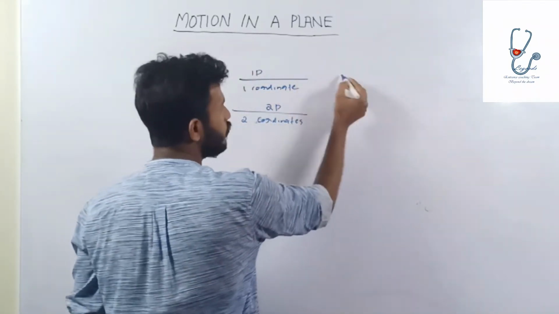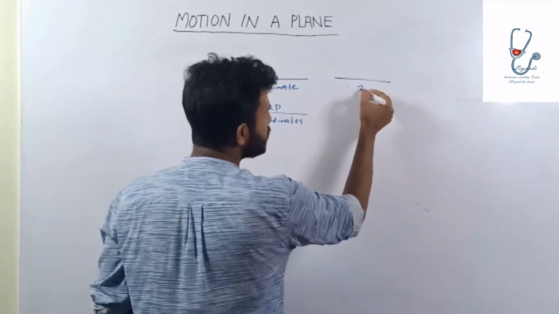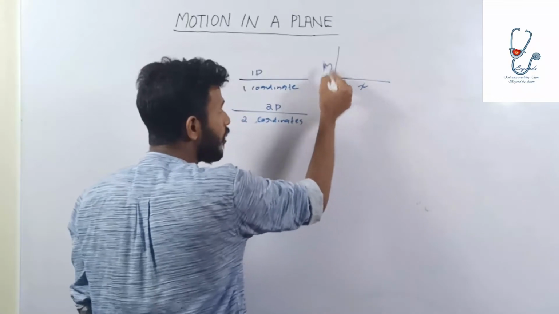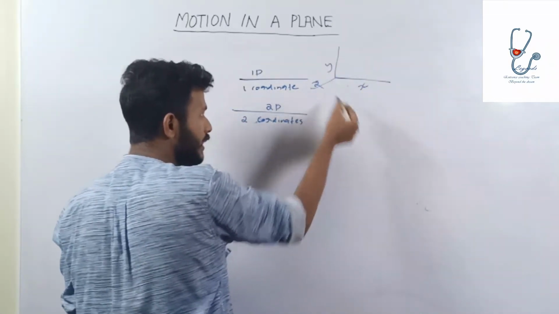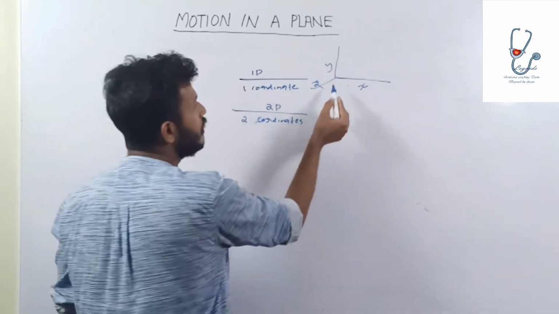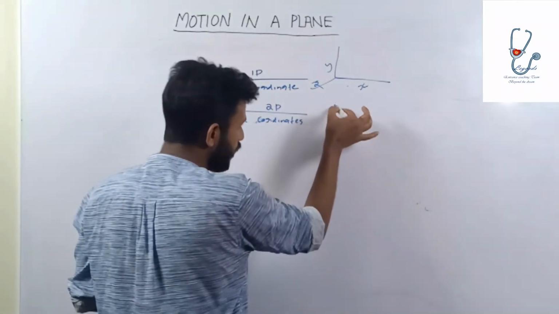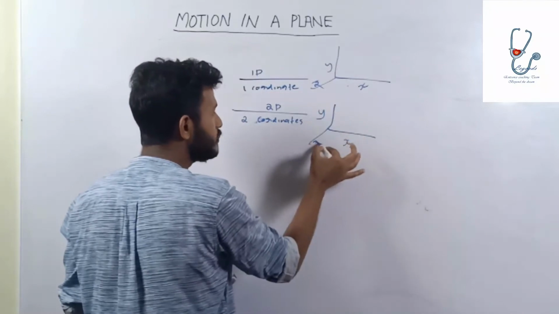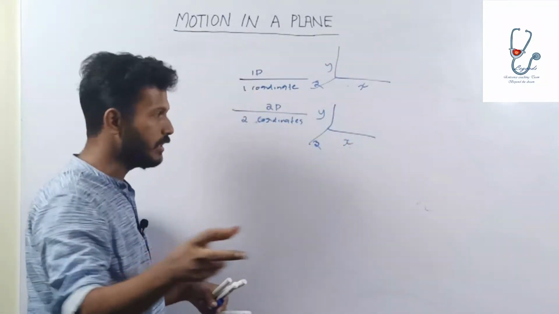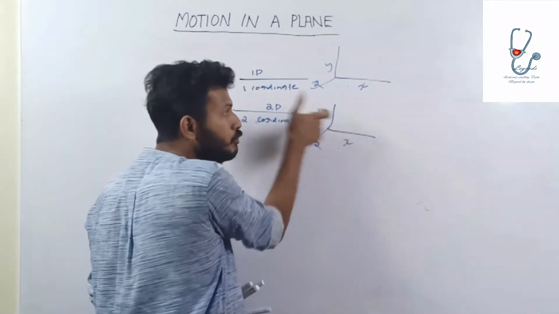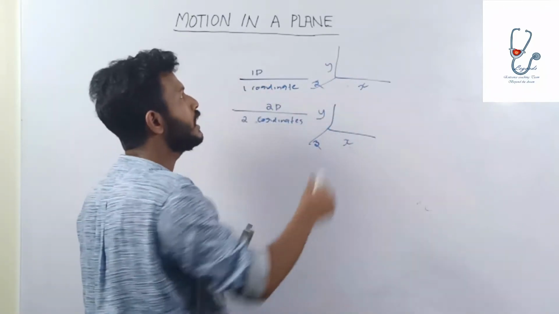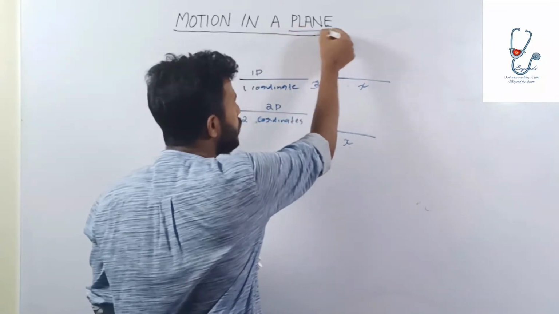For example, in 1D, only one axis is required. Maybe it's X, maybe it's Y, maybe it's Z. Here we have one coordinate, out of three coordinates X, Y and Z. In 2 dimensions, we want a minimum of 2 coordinates to explain 2-dimensional motion. That is motion along a plane.